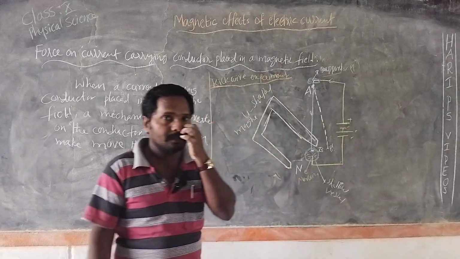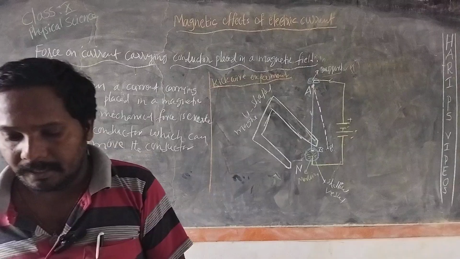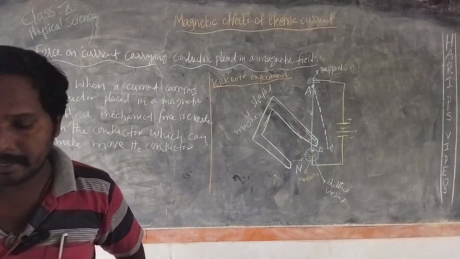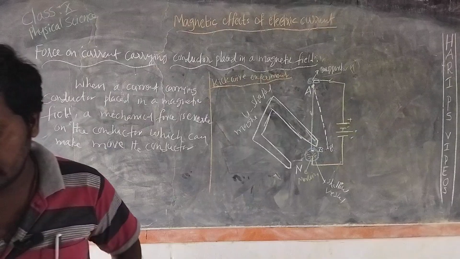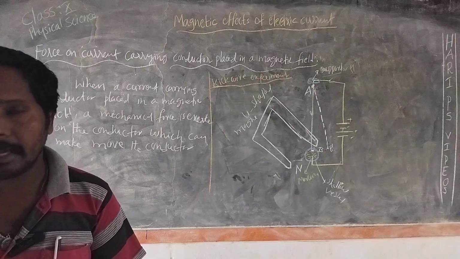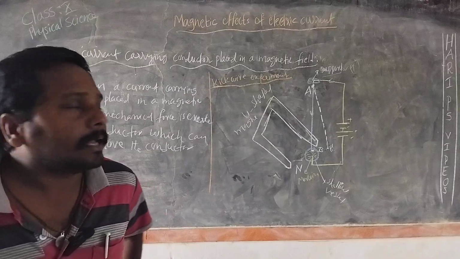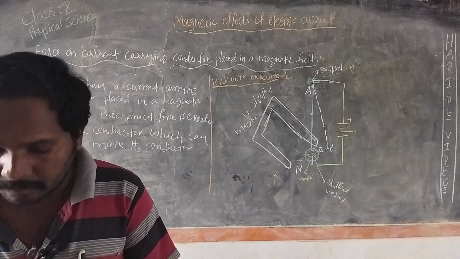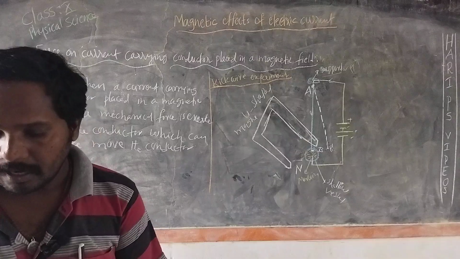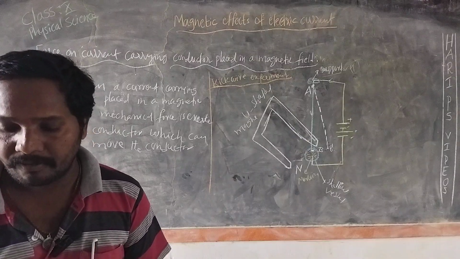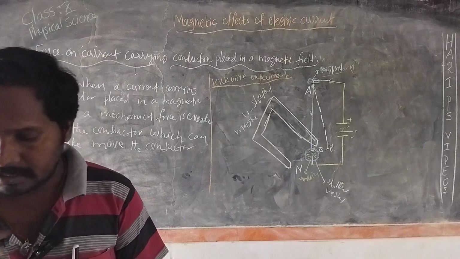This happened like this, when a current carrying conductor is placed in a magnetic field. A mechanical force is exerted on the conductor which makes it move. So in the diagram, the current is flowing vertically downward and the direction of the magnetic field is left to right, directed towards east.